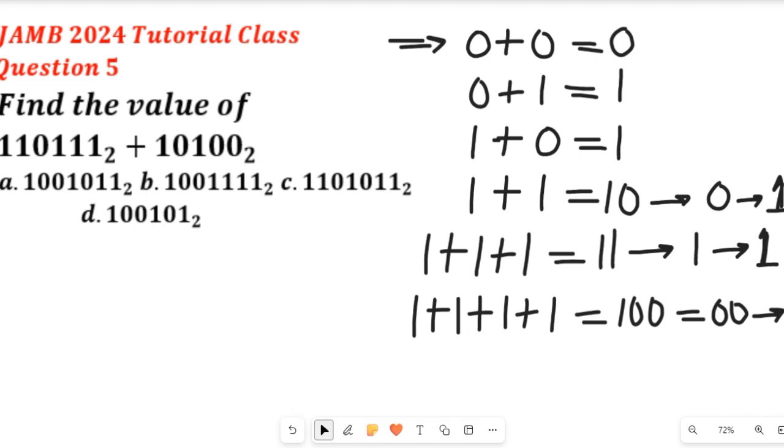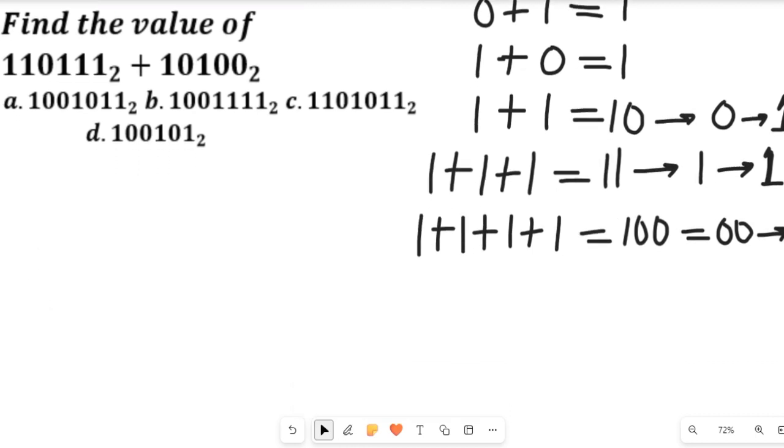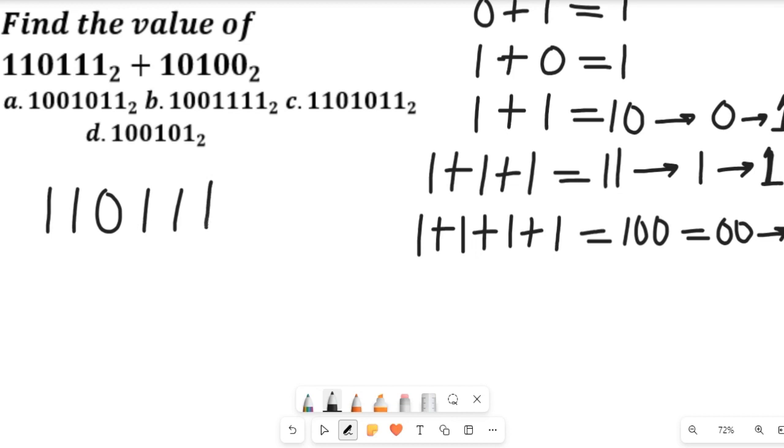Now let's arrange the numbers that we have been given, and then we'll add them. We are given 1, 1, 0, 1, 1, 1 in base 2.